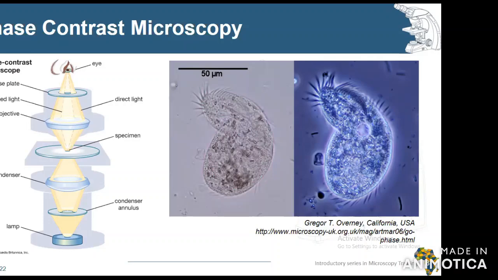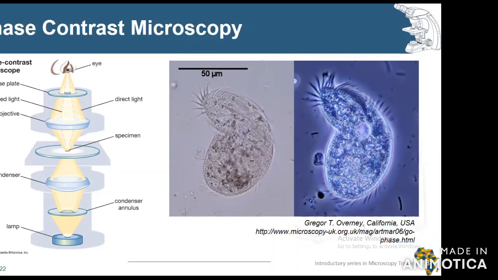When you look at the two images, you will discover that the phase contrast image was able to reveal some details which we could not see in the bright field microscopy image. So that is one of the importance of phase contrast microscopy.